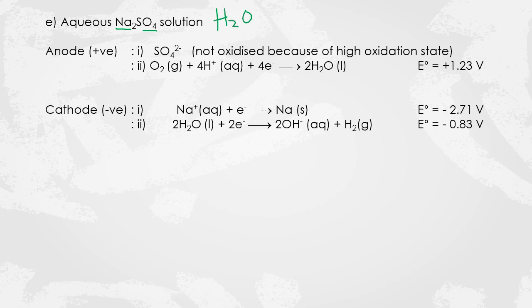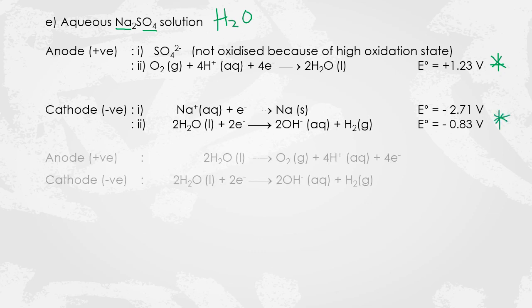So sulfate is the same case as nitrate ion, where they have high oxidation states, so they cannot be oxidized. So we're going to take water to be discharged at the anode. As for the cathode with negative terminal, they will undergo reduction and they will favor the more positive value of water.